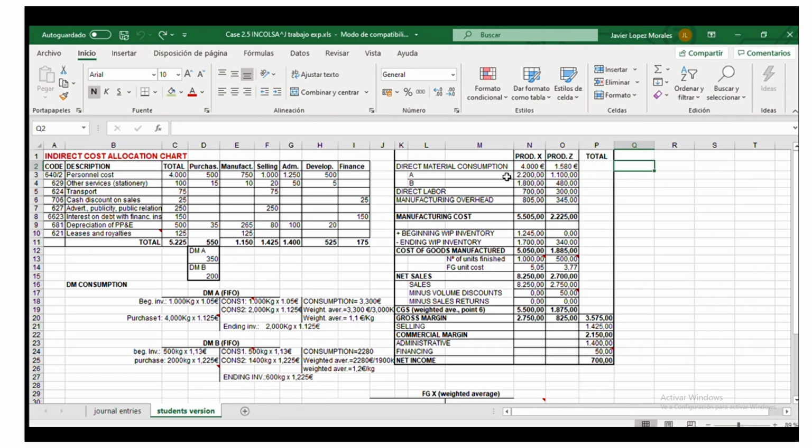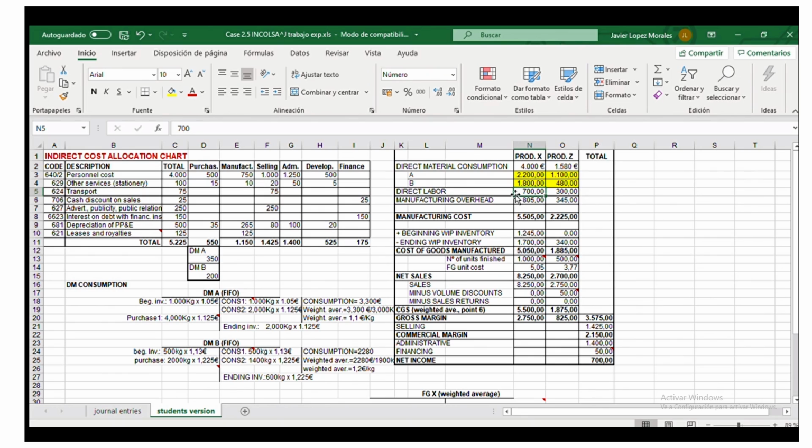First, we have to obtain the direct material consumption for direct material A and product X. We have to multiply 2,000, which we obtain from 0.5 times 1.1, as it is the weighted average of direct material A. We have to do the same with the other three figures, and we obtain the final direct material consumption.